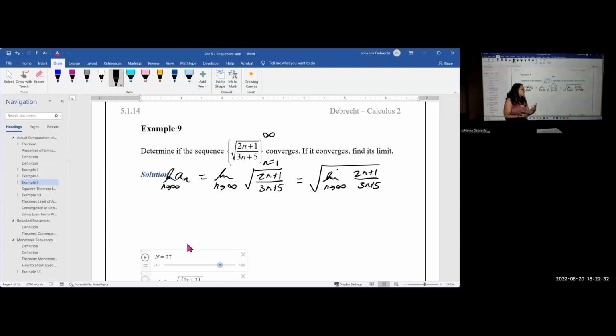Taking the derivatives, I would get 2/3, or I can use that relative growth theorem that says this is degree 1 and that's degree 1, and the ratio of the leading coefficients is 2/3, and so it's going to approach 2/3. Whichever way you want to compute that, you should end up with the square root of 2/3, which means that in this sequence, as n gets larger and larger, the terms of the sequence get closer and closer to the value square root of 2/3.